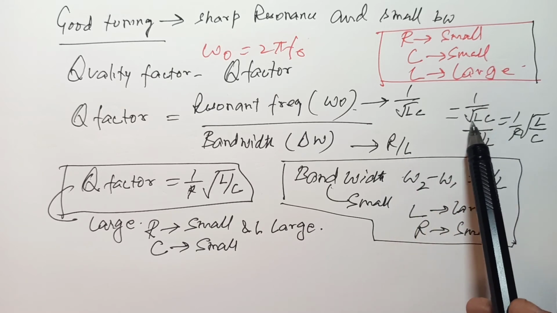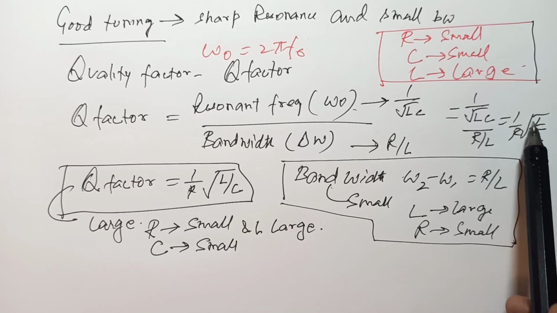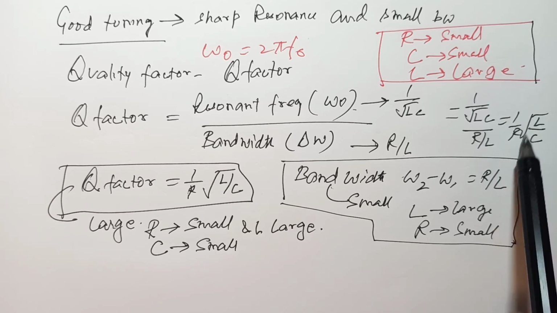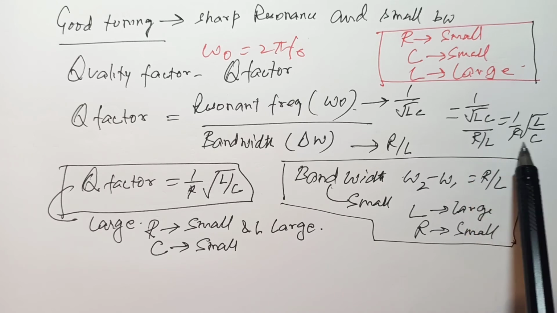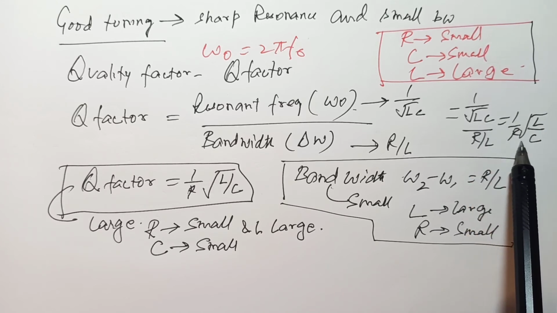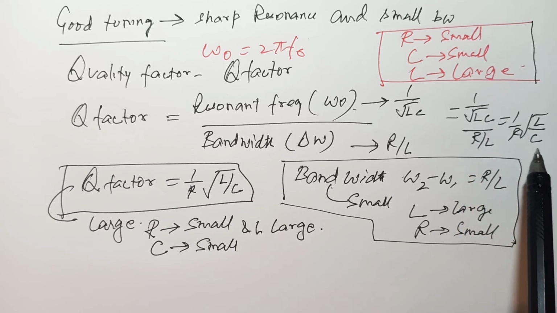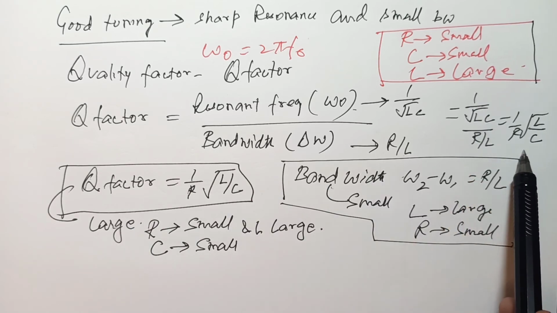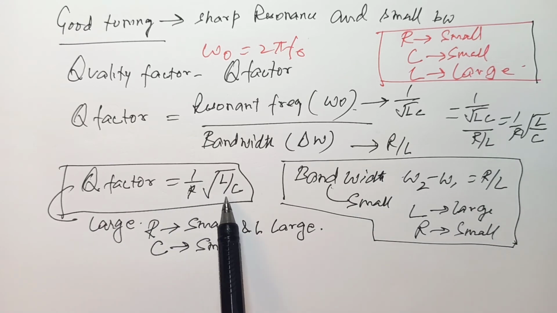Now 1 by under root LC divided by R by L can be simplified as 1 by R under root L by C, because L cancels and you are left with this. So Q factor is 1 by R under root L by C.